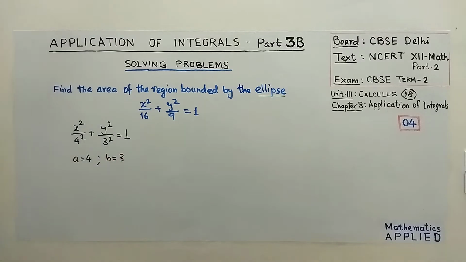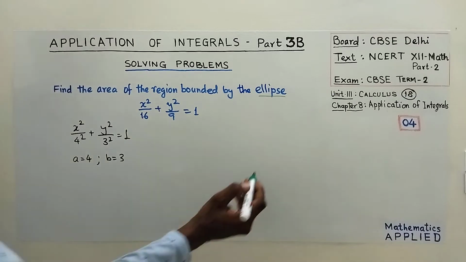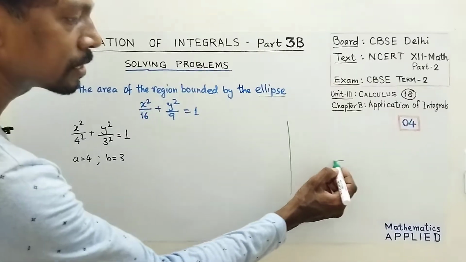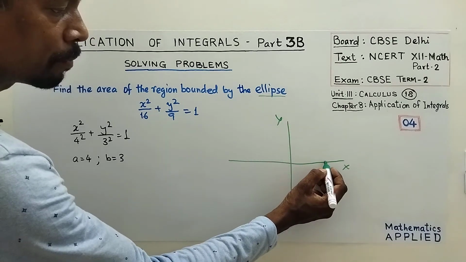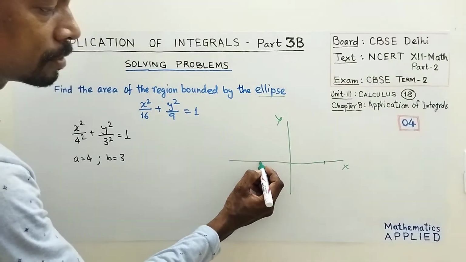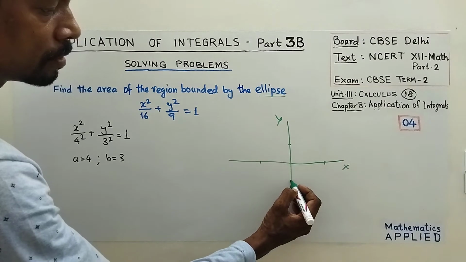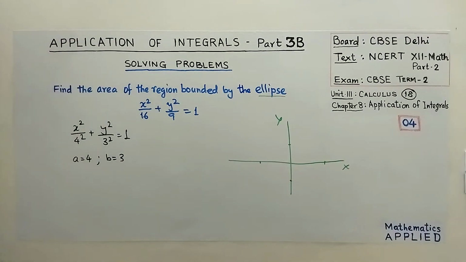So I will draw the graph for this. So I have the y axis, the x axis, and I mark 4 over here and I mark 3, roughly.